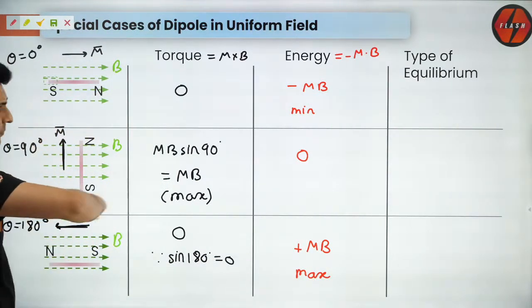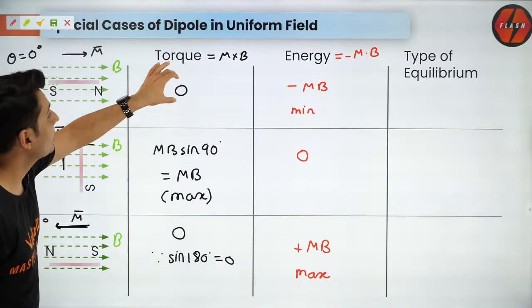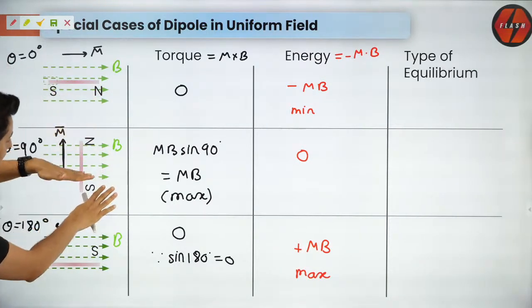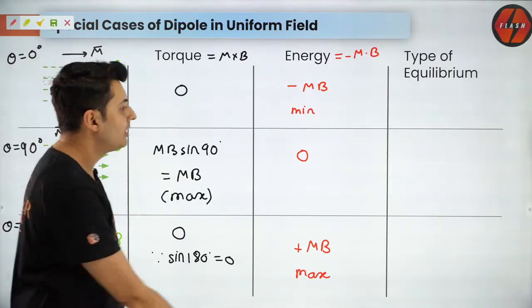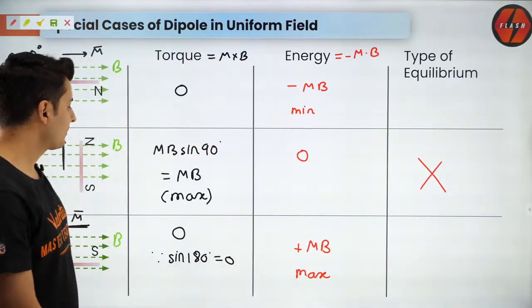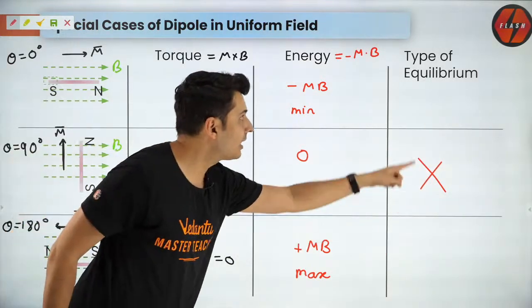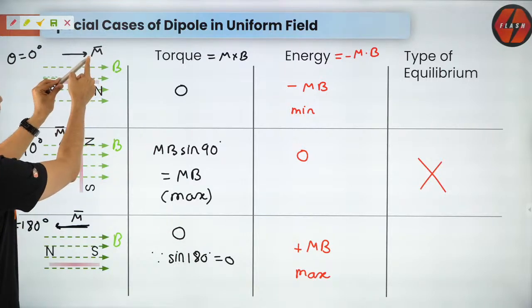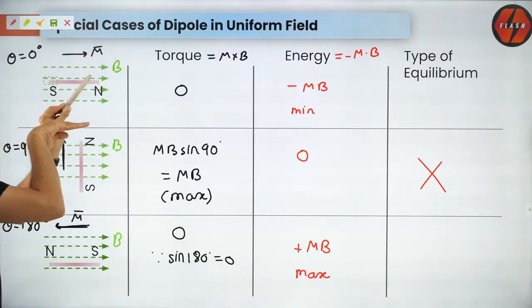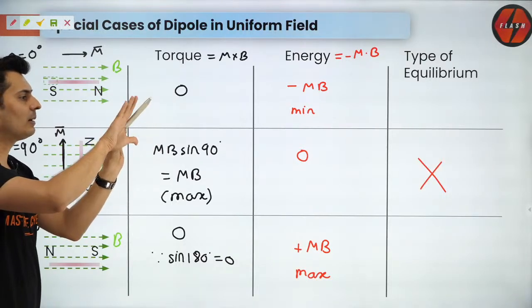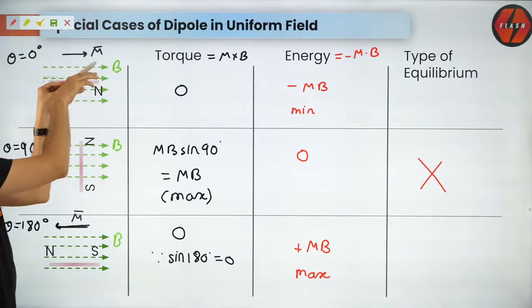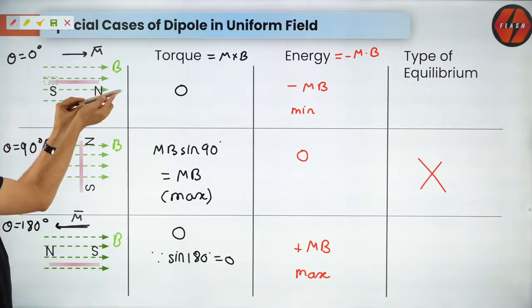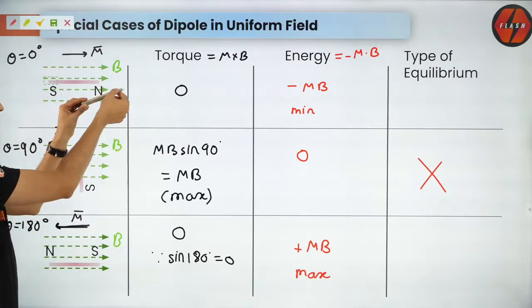All right. So, equilibrium. See, guys, the torque is 0. When the torque is 0 here, this is obviously an equilibrium. Here, the torque is not 0. In fact, it is maximum. So there is no kind of equilibrium at all. Here again, the torque is 0. So there is again an equilibrium. But which kind of equilibrium? Think about it. If I move this magnetic moment slightly, the field is still there. M cross B will pull this down. If I move it down like this, M cross B will pull this back here. So I'm always coming back to the same point.